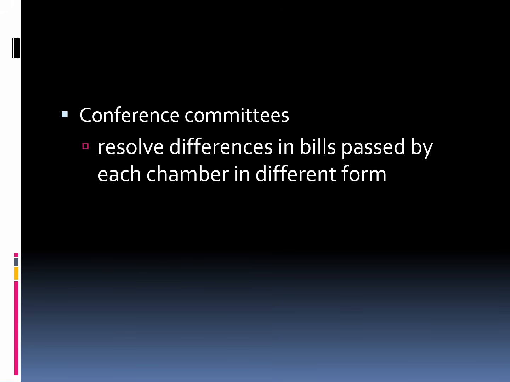The conference committee will resolve the differences between the bills passed in each of the chambers if they are very different, because only one bill can go on to the governor. The conference committee resolves these differences, comes up with a joint resolution, a joint bill, and then it goes back to the floor.